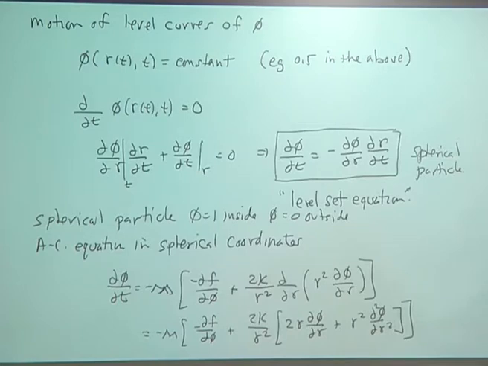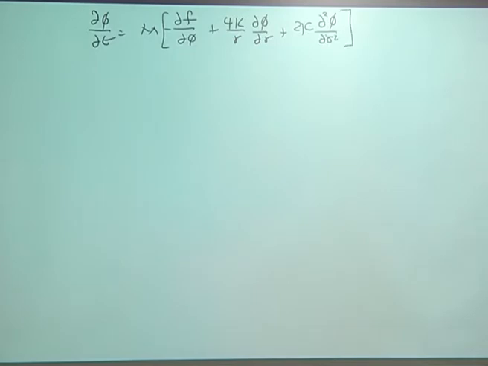And so that gives you... so you pull the derivative through, and you get (4k over r) with respect to r squared.